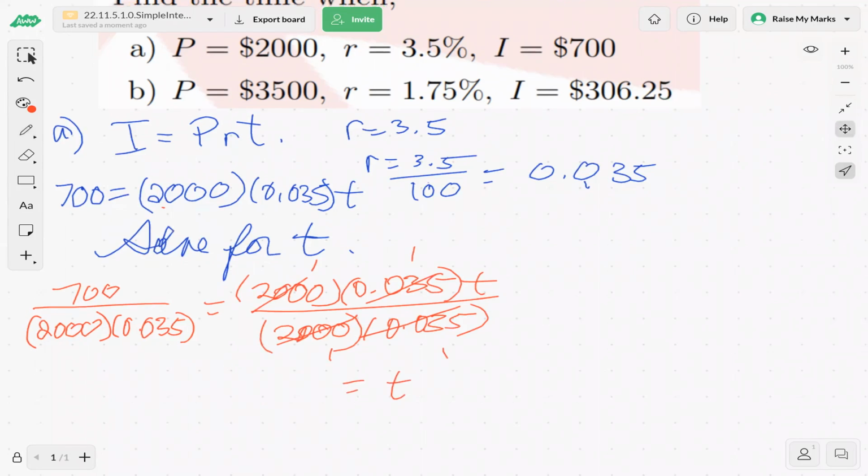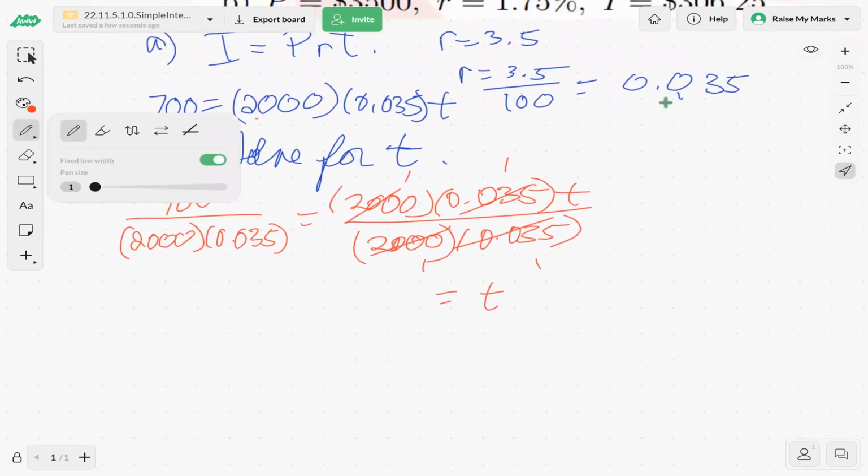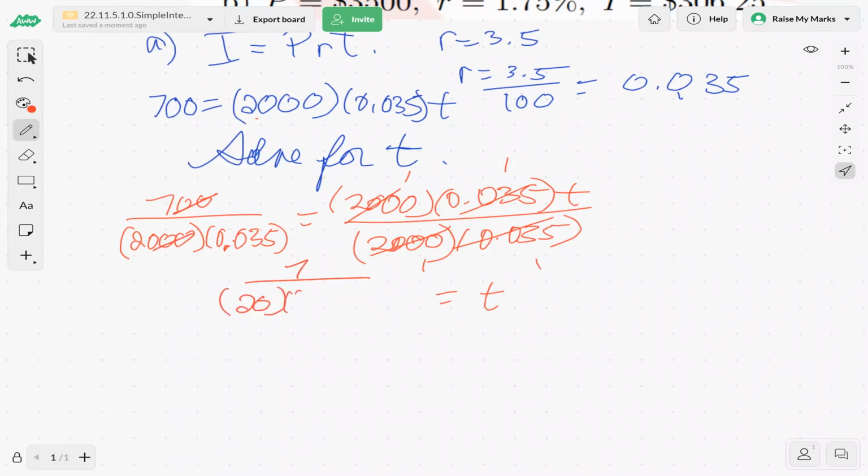On the left-hand side, let's plug it into our calculator. Well, we can cancel out at least 100 there. So t is 70 over 20 times 0.035. Okay, 7 divided by 20 divided by 0.035. Oh, nice number. t equals 10 years. That works out really well. Oh, that's not so bad.